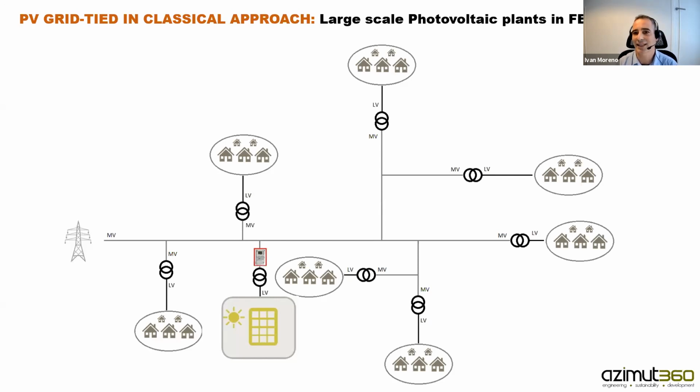But this is a classical approach when we have a feed-in tariff, and the business model is to sell the most amount of energy possible, and then the whole community benefits from the energy produced by PV resources. Yes, it's a classical approach as well.